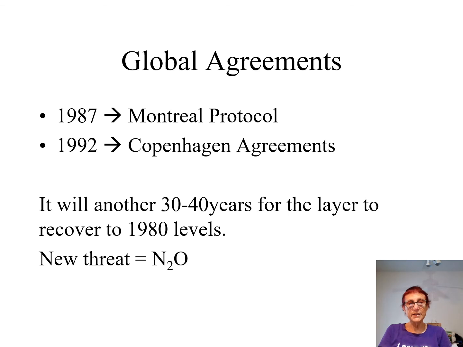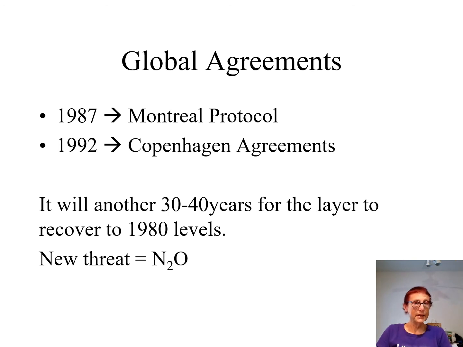So in 1987, we had the Montreal Protocol. And the Montreal Protocol looked at phasing out all freon compounds. Again, the Montreal Protocol was looking at phasing out all CFCs by the year 2000. That protocol, that global agreement, and it's a global agreement that's actually worked, was amended in 1990.